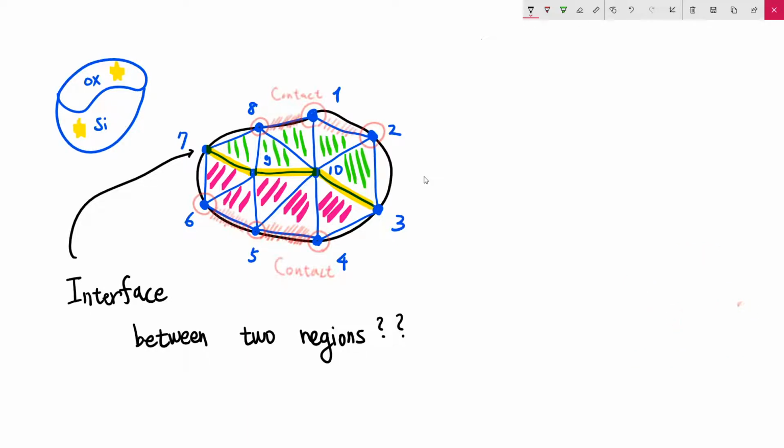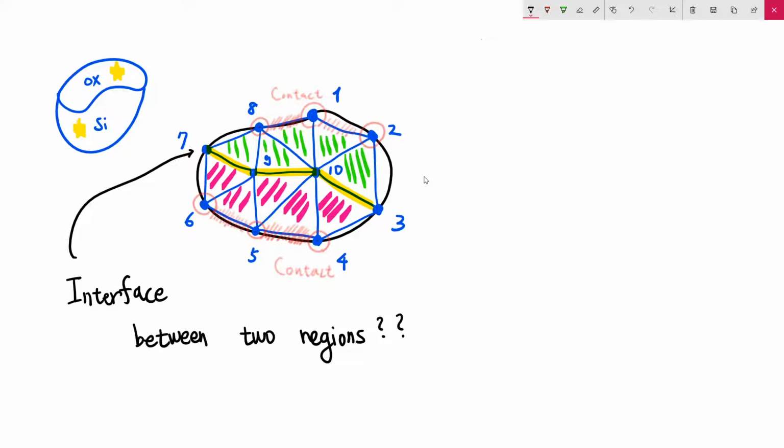So how can you specify the interface? Could you please leave your opinion? So how can we specify the interface between two regions?